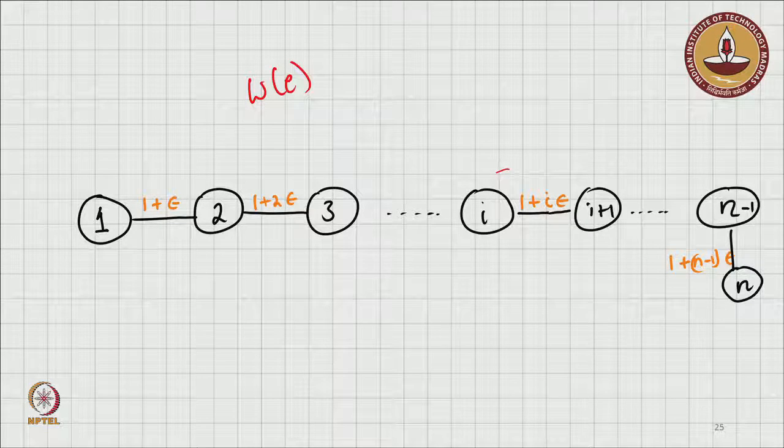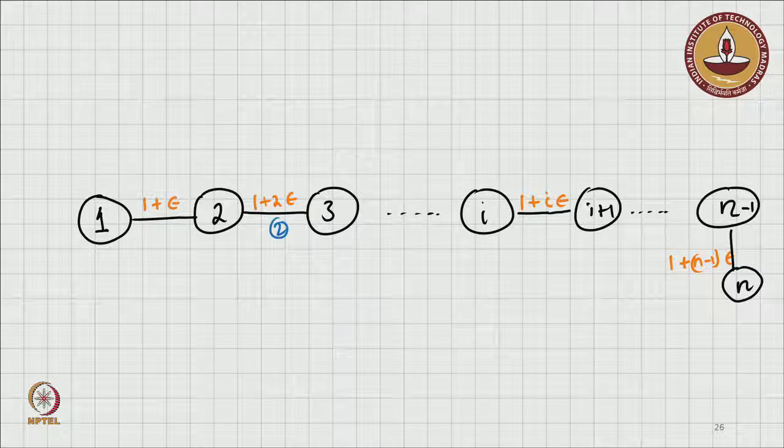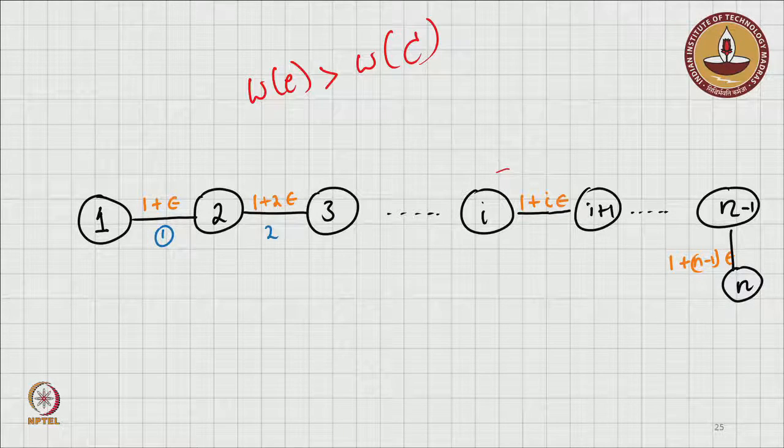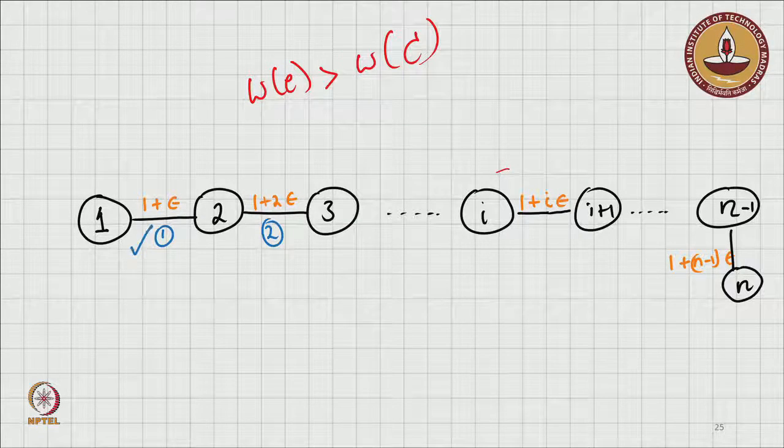If W of E is greater than W of C, then let's say that's all we have. Okay. And let's say we get the edges in this sequence. First we get this edge, second we get this edge, and so on. Okay. So what will happen is the following. We will first include this edge in the matching. Okay.